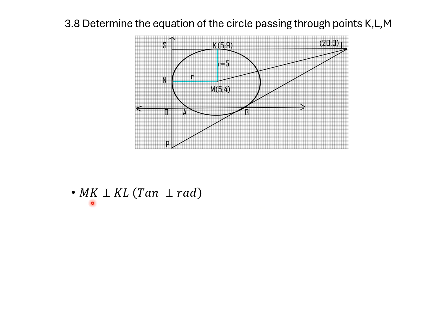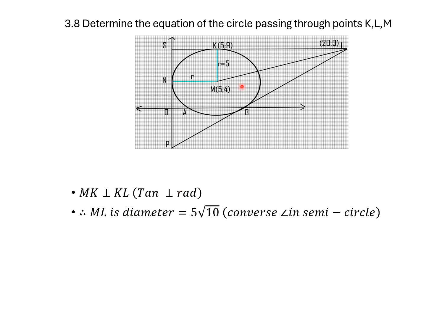Right, so MK is perpendicular to KL, tangent perpendicular to radius. So that automatically means ML is a diameter, which is 5 square root 10, which we got from there. And it's the converse, basically, angle in a semicircle. So angle in a semicircle subtends a 90-degree angle.